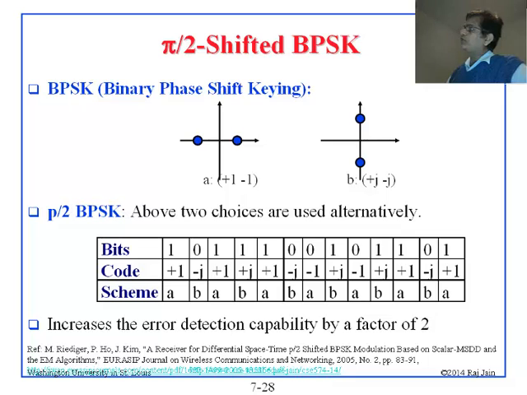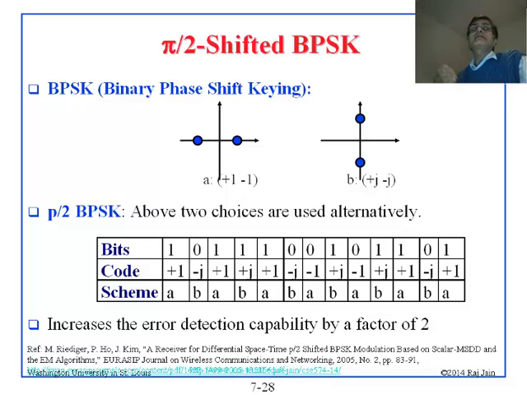For 0, we use the scheme B. And therefore, 0 is minus j. For the third bit, we use scheme A, it is plus 1. For the fourth we use j, and so on and so forth. Okay? So now this is what goes on the air. 1 minus j plus 1 plus j, 1 minus j, and so on and so forth.